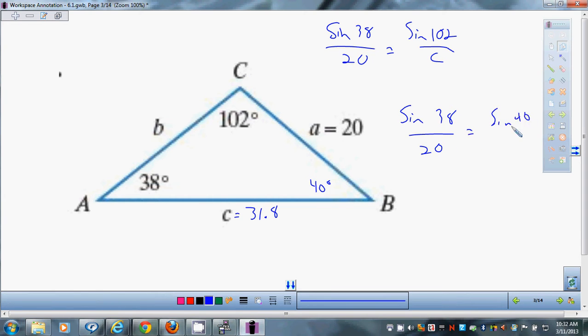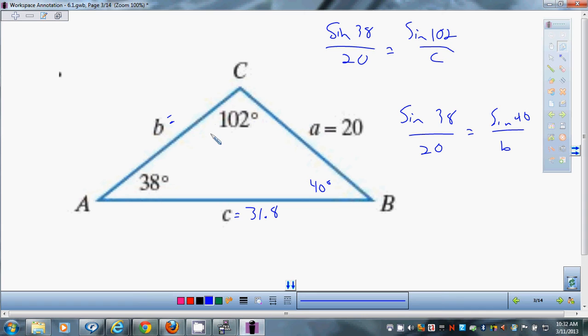Cross multiply. Tell me what you get with one of these. Jalen, I think I'm going to ask you. Is that a question or do you have the answer? We subtracted from 180. 180 minus 102 minus 38.